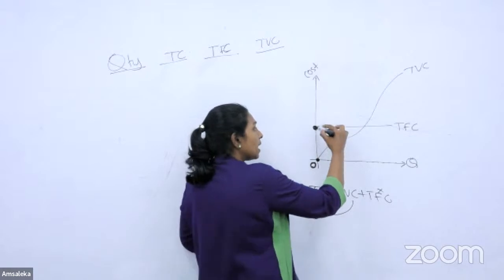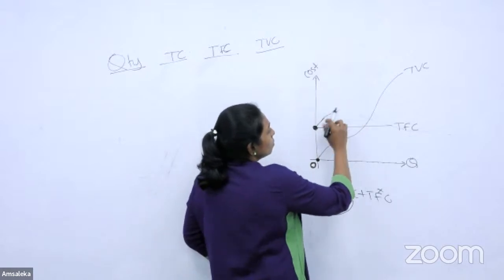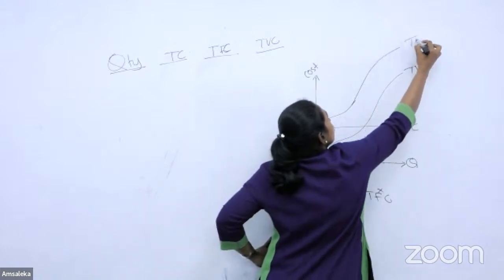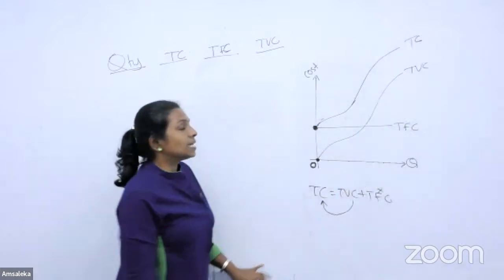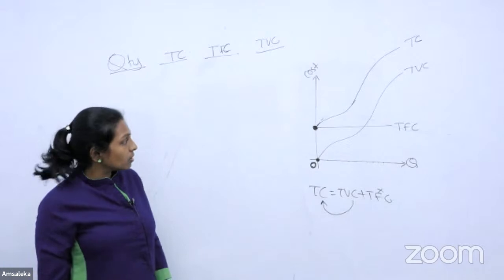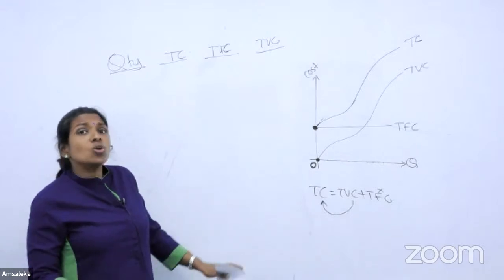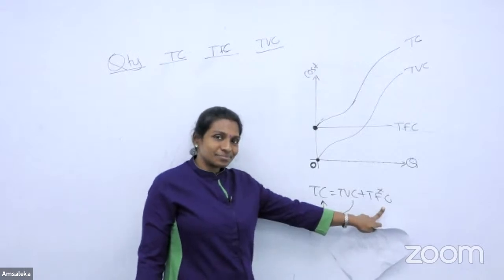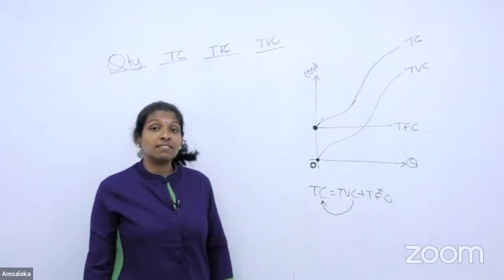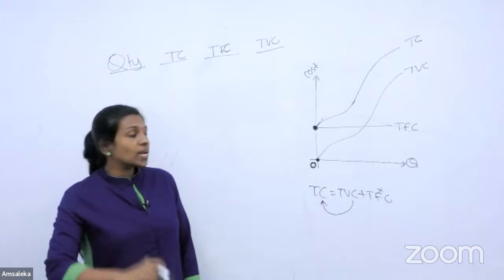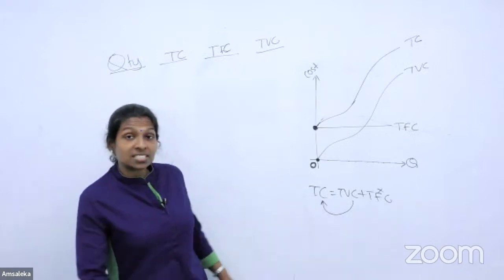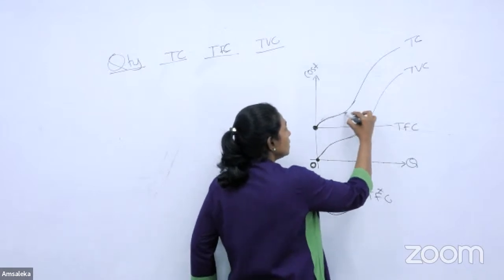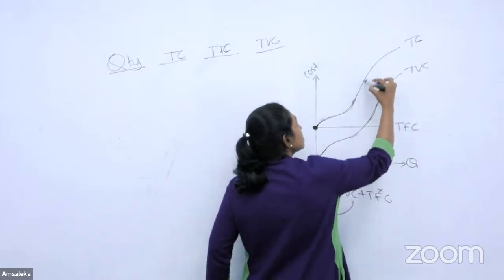Therefore, the way TVC moves, accordingly TC also changes. It goes parallel. Why? There is no change in fixed cost. TC is the addition of TVC and TFC. There is no change in fixed cost, but TVC is changing, so the way TVC changes, TC moves upward like this.